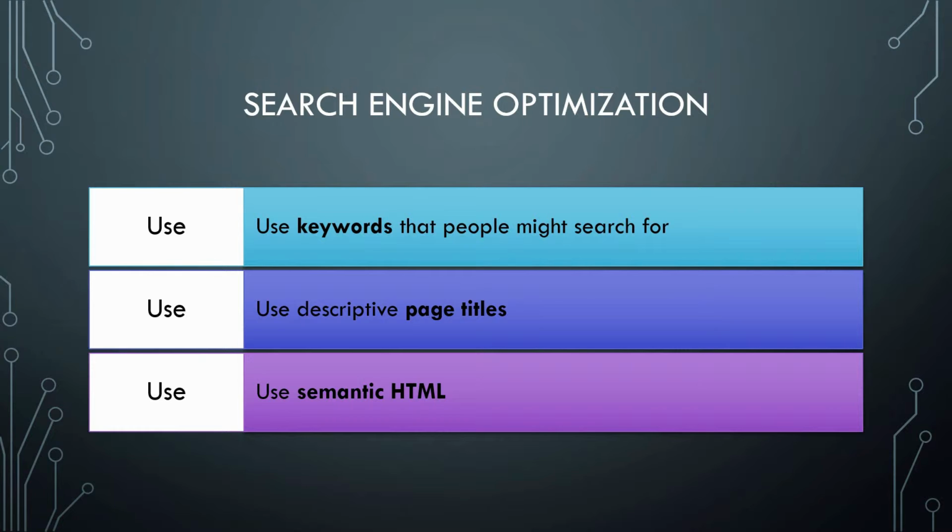Semantic HTML is making sure that you are actually using your HTML properly in a way where the structure makes sense with the elements that you are using. For example, putting your header content inside of a header element, putting your navigation links inside of an element that's actually called a navigation element, and so on.